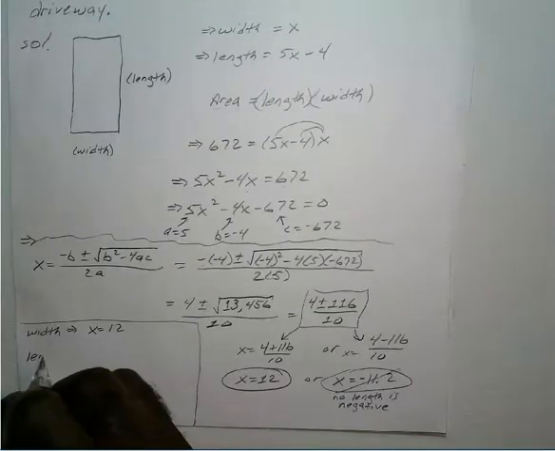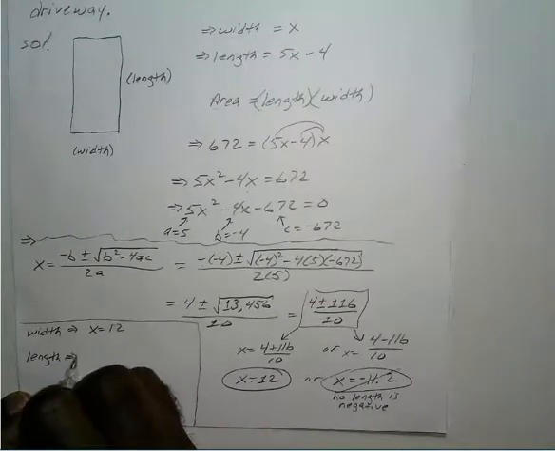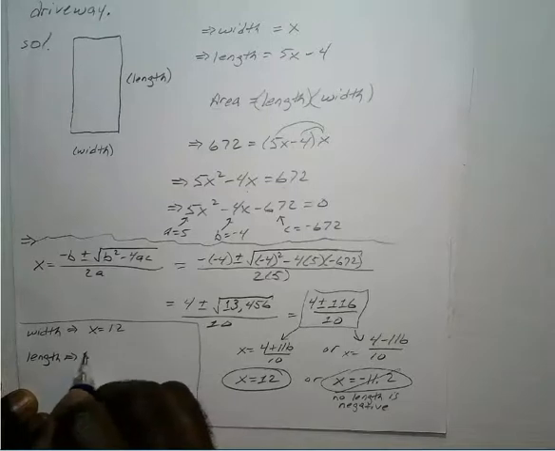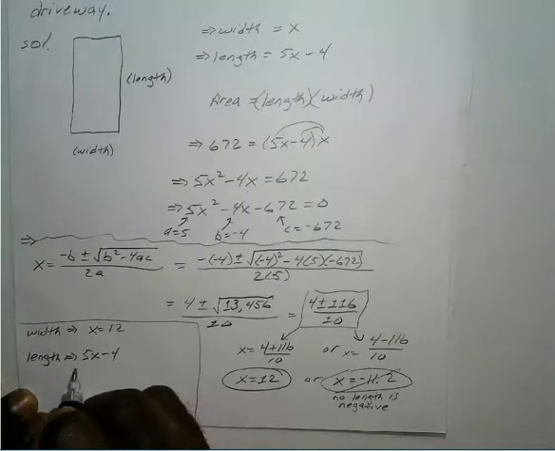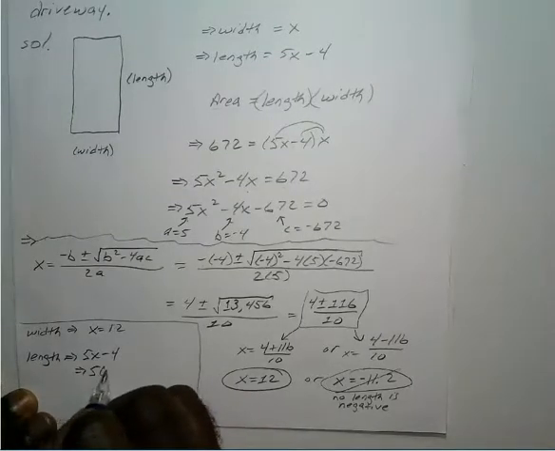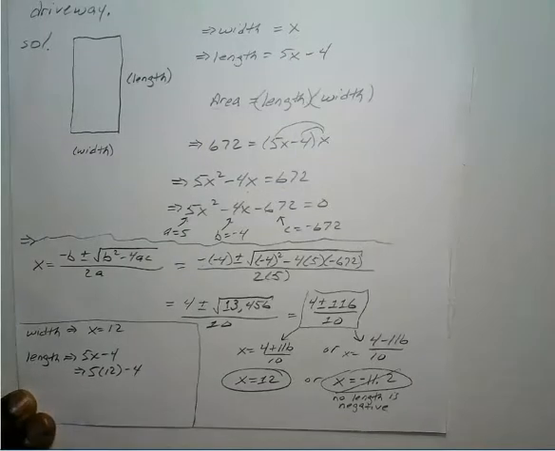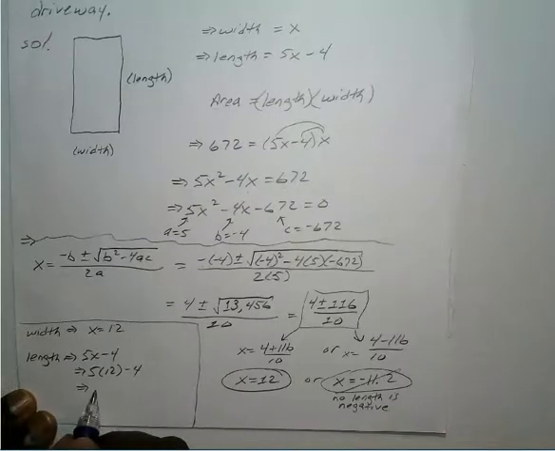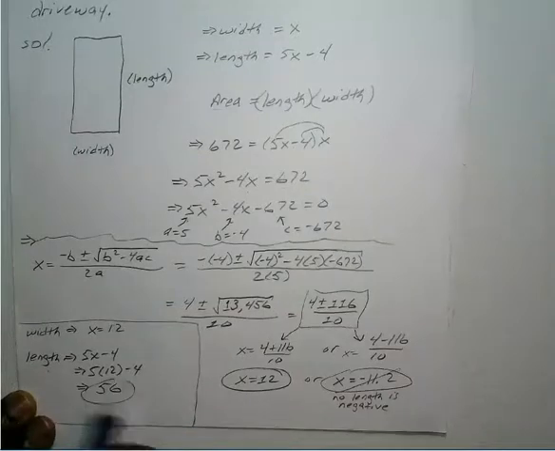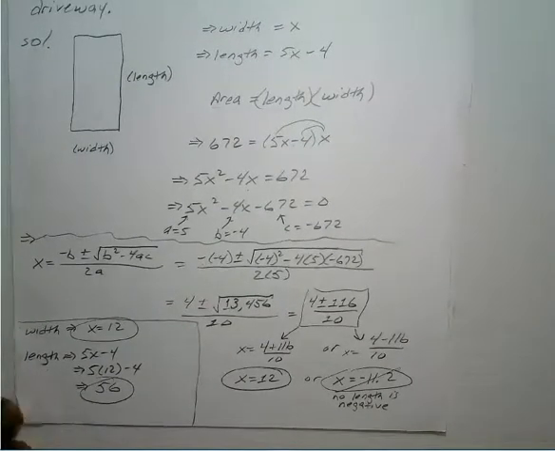Our length, remember, that's 5x minus 4, which is 5 times 12 minus 4. Okay, so 5 times 12 is 60. 60 minus 4 is 56. So the length is 56 and the width is 12.